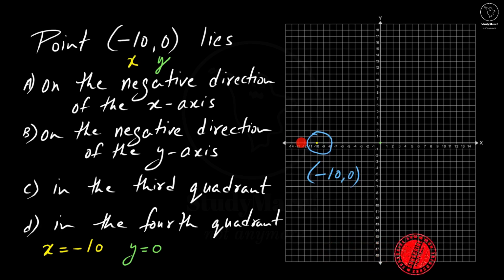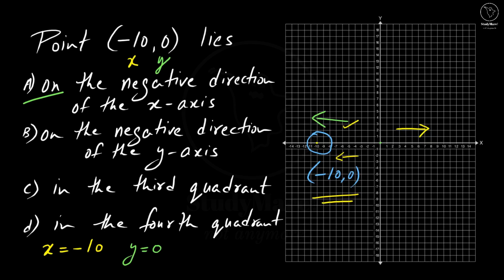It falls exactly on this line, which is nothing but the x-axis, which means the answer to this question is A, on the negative direction of the x-axis. This is your negative direction and this is your positive direction. So (-10, 0) is on the negative direction of the x-axis that we got here, and that is the answer.